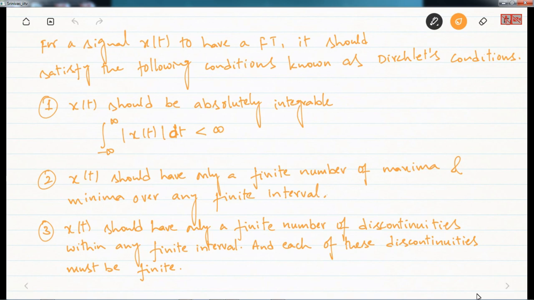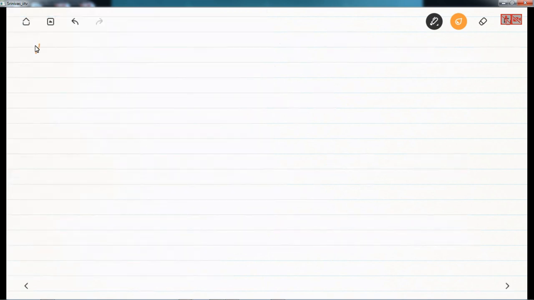Another equivalent condition. Equivalent condition for what? For the Fourier transform to exist.